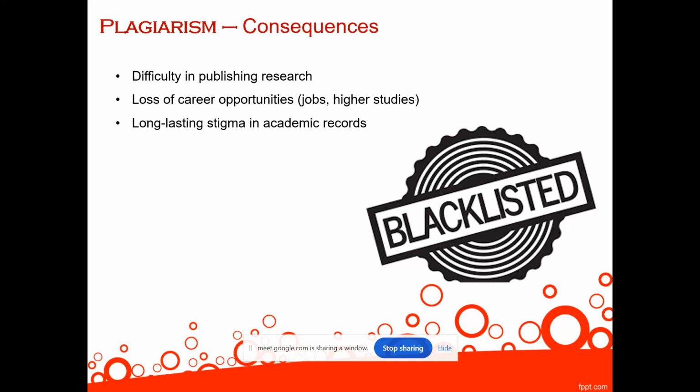But on the other side, if we use other resources to publish papers in an unethical way, we will end up in plagiarism. Once we face this problem, further research is very difficult. We are bound to lose career opportunities, either jobs or higher studies, and a long-lasting stigma will remain in the academic records.